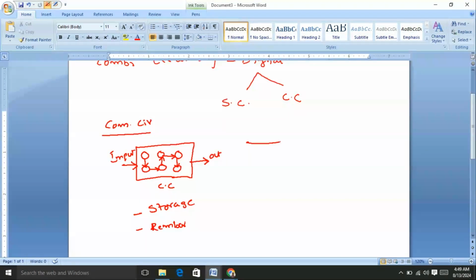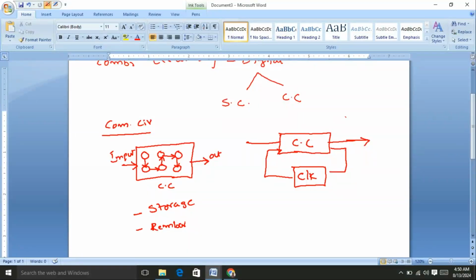Suppose let us consider this is the combinational circuit, and to the combinational circuit we add the clock. Then it will be turned into a sequential circuit simply by adding the clock to the combinational circuit.